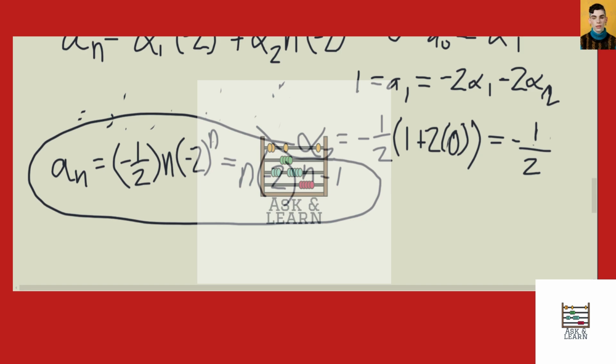In part F, we're given the recurrence relation a_n equals 4 a_{n-2} for n greater than or equal to 2, and a_0 equals 0, a_1 equals 4.